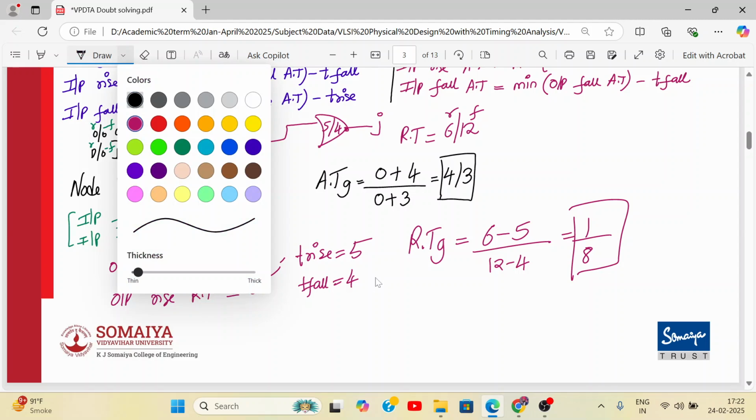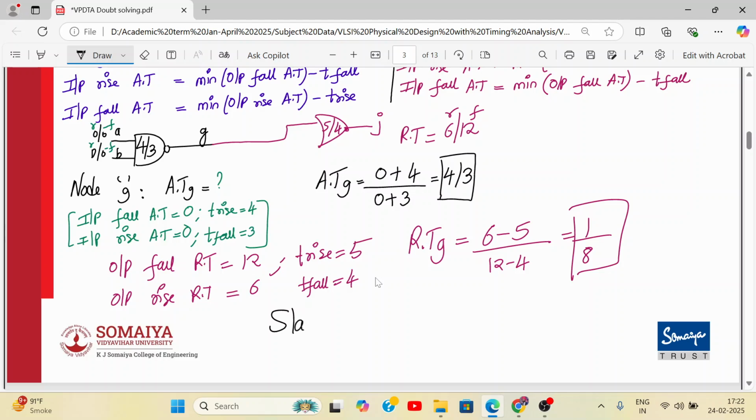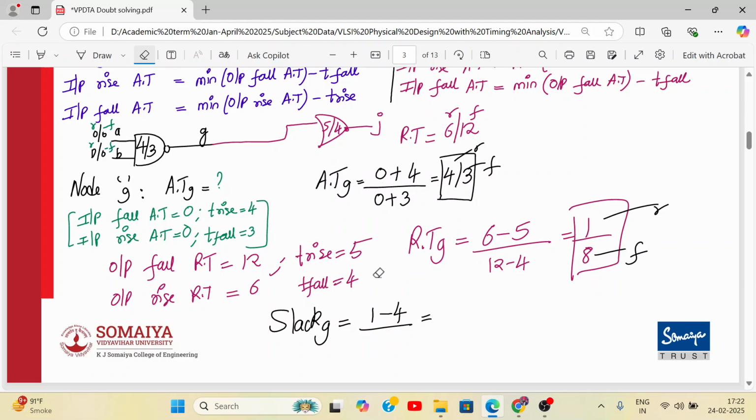And similarly, we'll calculate the slack now. Slack at node G will be return time minus arrival time. So this is R, this is F, this is R, this is F. So it will be 1 minus 4 upon 3 minus 8. Oh, sorry, 8 minus 3. So it will be minus 3 by 5.